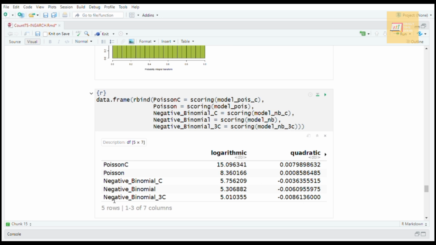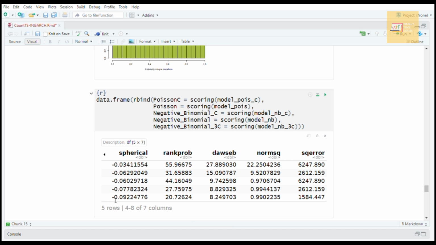The negative binomial 3C is the lowest for all of these scores. Here is minus 0.09, then this one is 20, then this one is 8.24, and this one is 1,500. For the normalized squared error, though, model NB has a higher score than model NB3C.